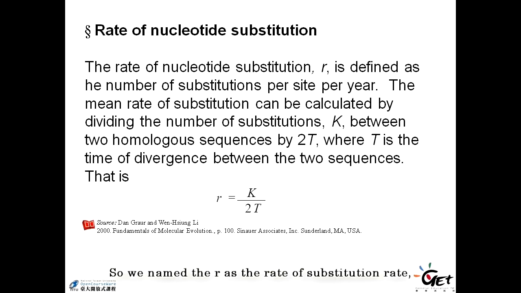We name r the rate of substitution, and we already know how to calculate k, right? From chapter 3, we learned how to calculate k. That's the substitution rate from the given sequences. But now we want to calculate it per site per year. The definition is on the slides.